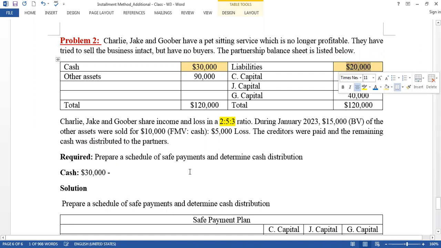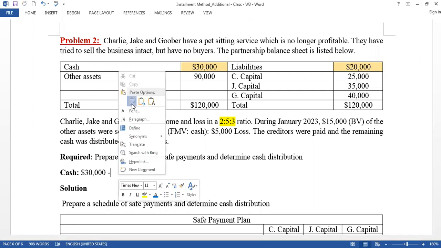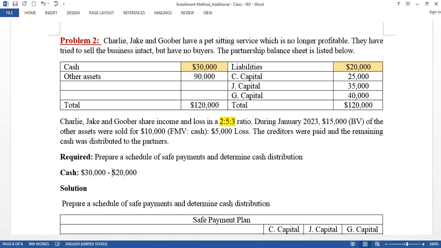Then we sell $15,000 of asset and receive cash, how much? $10,000. So this is the actual story about the cash.